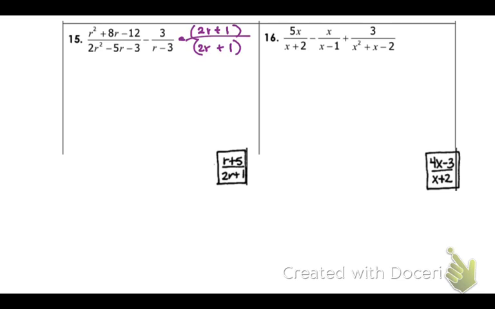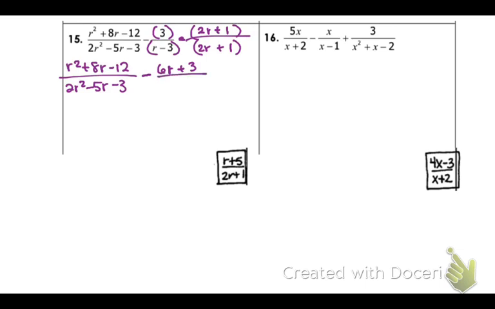So now let's do this one. I have r squared plus 8r minus 12 all over 2r squared minus 5r minus 3 minus, you're multiplying everything by the 2r plus 1. So I'm going to be left with 6r plus 3.